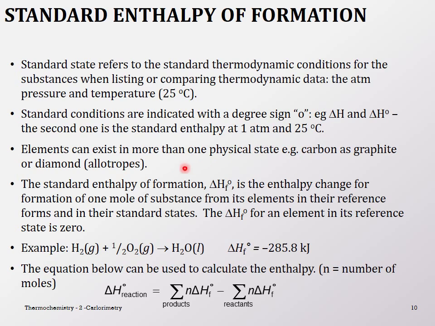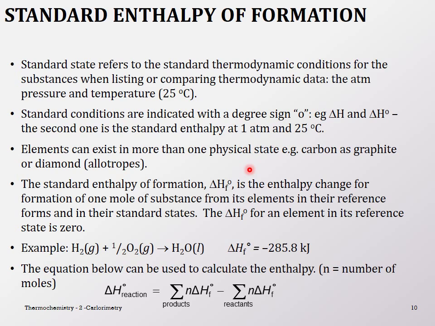Okay, and so when you have elements that exist in more than one physical state, then you have standard enthalpies of all of those. So for example, in the previous slides when we were working with Hess's law, you saw that we wrote C graphite. We didn't just write C as carbon. We wrote C as graphite because C can also exist as diamond. C can also exist as Buckminsterfullerene.